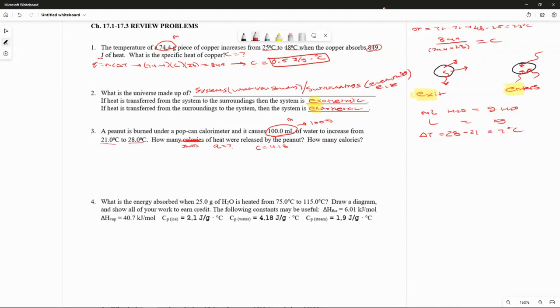Q equals mC delta T. The mass of water we calculated using the special rule is 100, times C, 4.18, and delta T, which we calculated was 7.